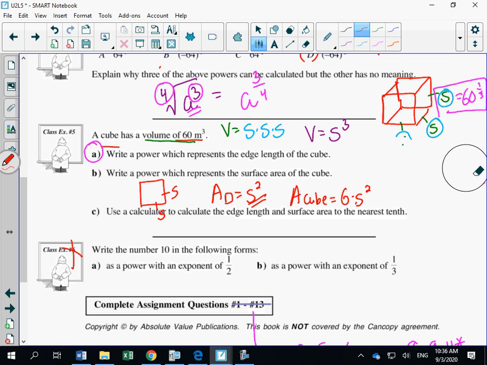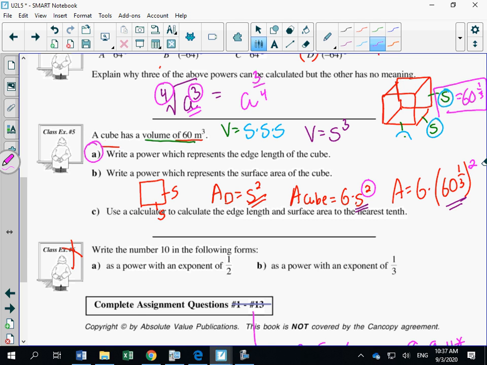So if I erase this, the area of a cube is equal to 6 times 60 to the power of 1/3, all squared. I took out S and put in what S is, and then I need to square that. From here, we have a power to a power, and you multiply those two.